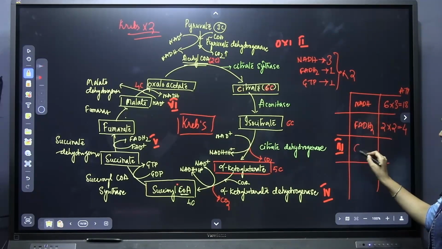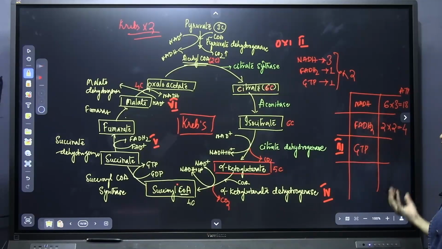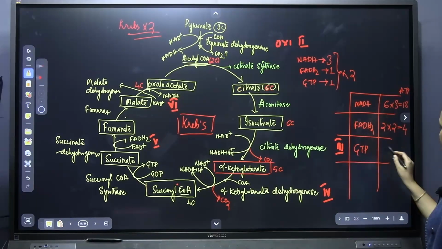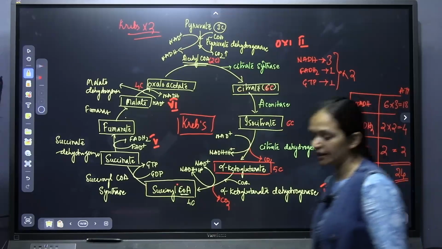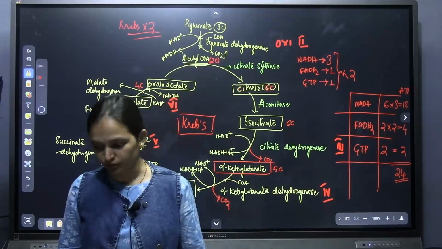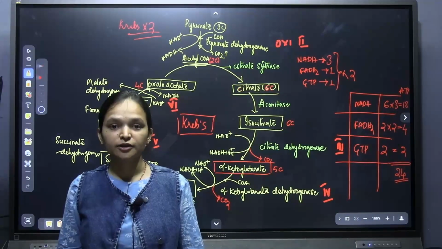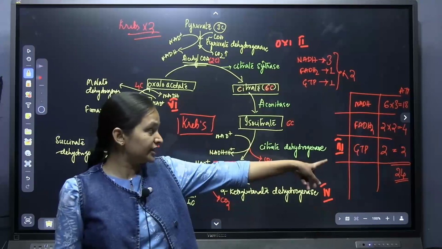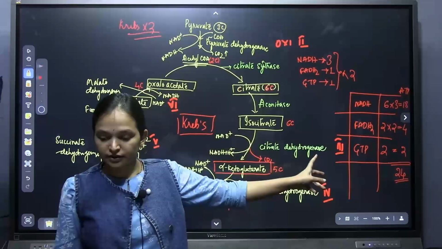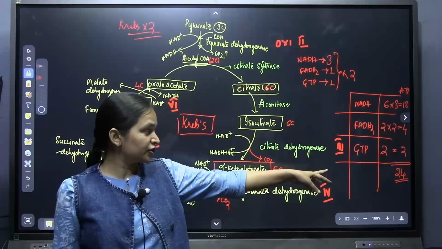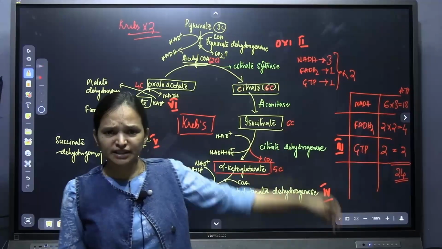Each GTP, anyway, yields 1, so that is 2. At the end of the ETC, how many molecules of ATP will we get? 18 plus 4 plus 2 is 24. Total number of ATP this Krebs cycle will yield is 24. Understood? This is the balance sheet of the Krebs cycle.